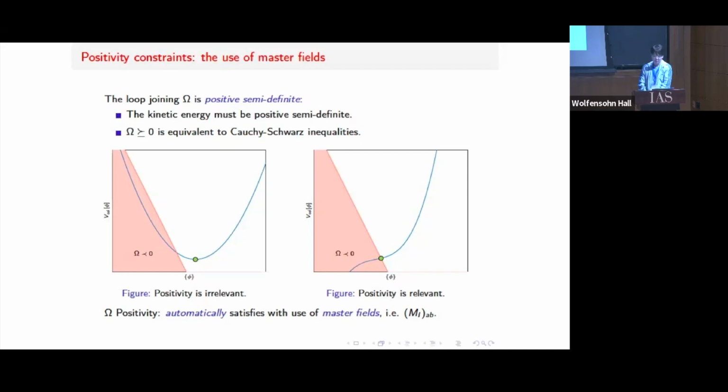And in these matrix problems, the collective potential usually is unbounded from below, and the minimum is located at the point where the constraints get saturated. So the constraints actually matter in this problem. And the simplest way to satisfy these constraints is to use master fields, namely the matrix elements.